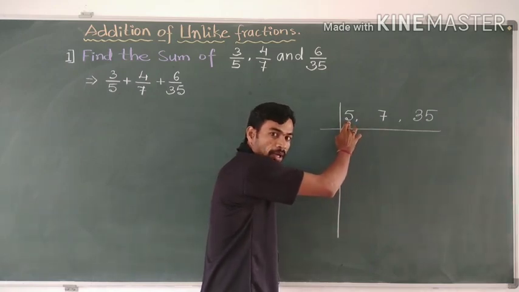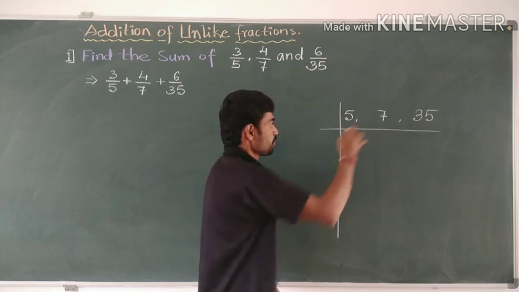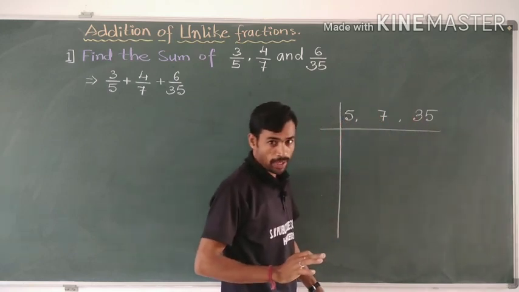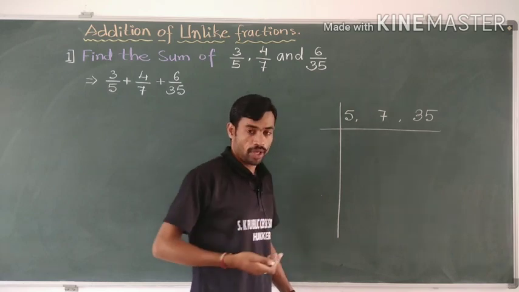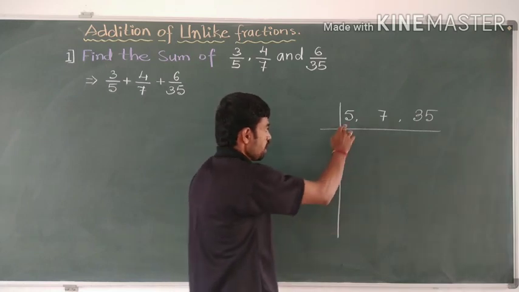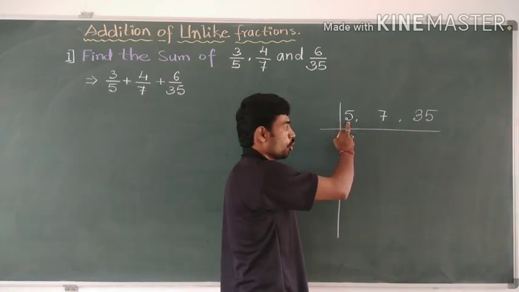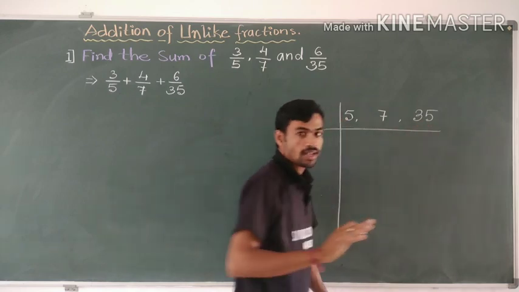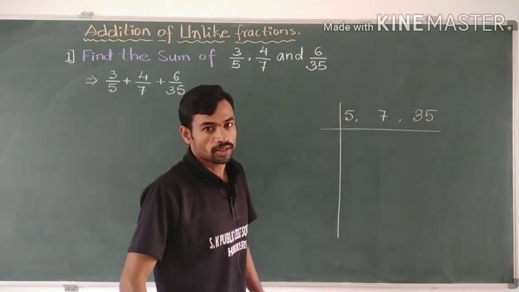Is 5 divisible by 2? No. Is 7 divisible by 2? No. Is 35 divisible by 2? No. Next prime number is 3. Is 5 divisible by 3? No. 7? No. Even 35 is not divisible by 3.